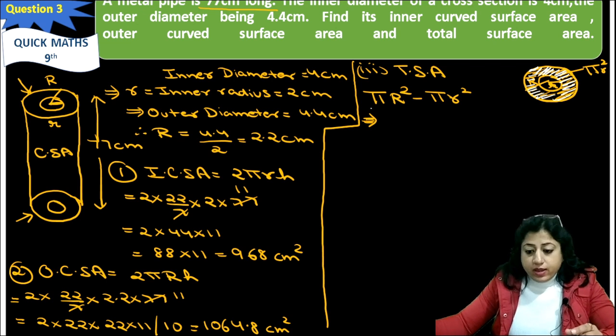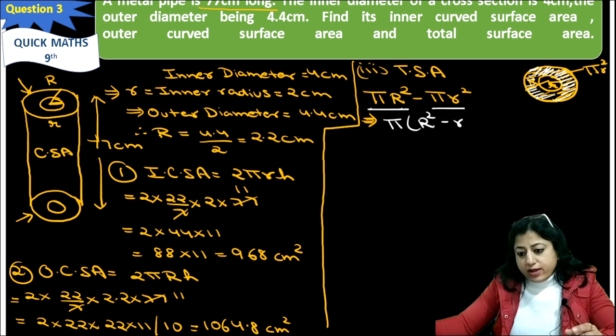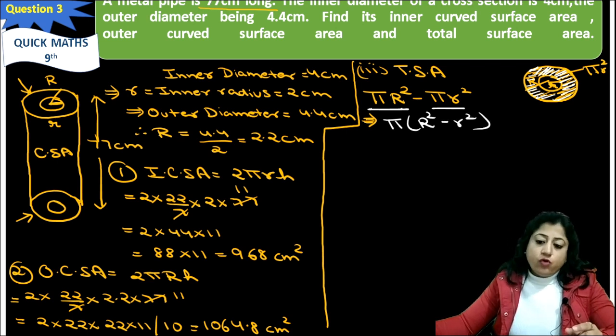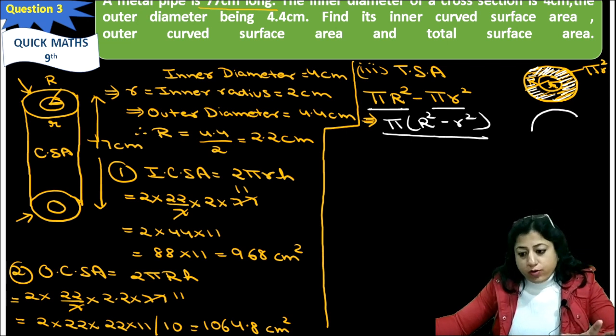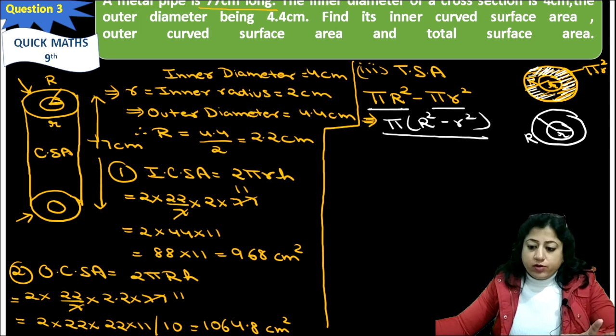So this will be area of outer region minus area of inner region, pi R square minus pi r square. We can take pi common, it will be R square minus r square. This is the formula for top, and the same formula is for bottom also, because in the bottom there is also a circle with r and capital R.